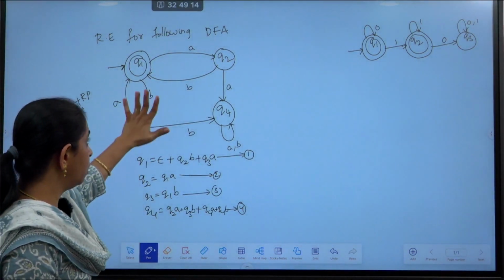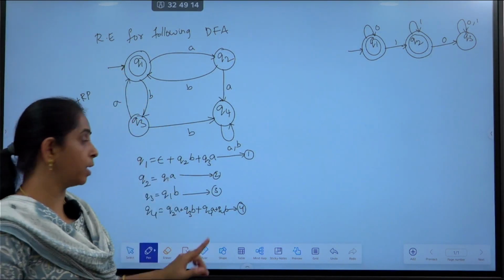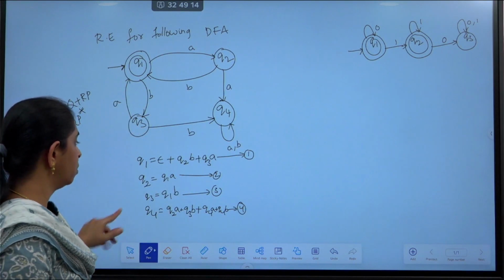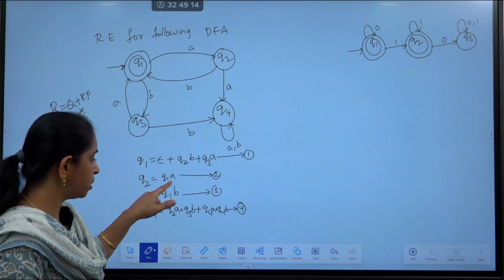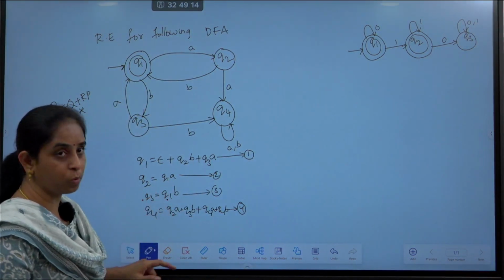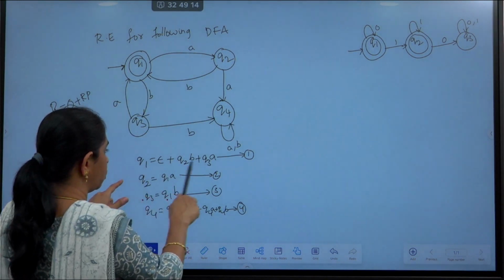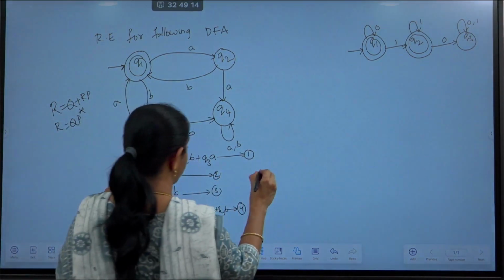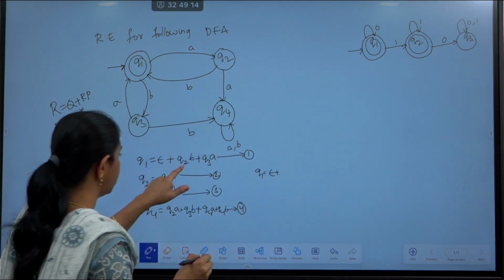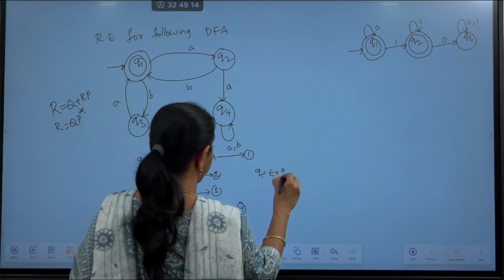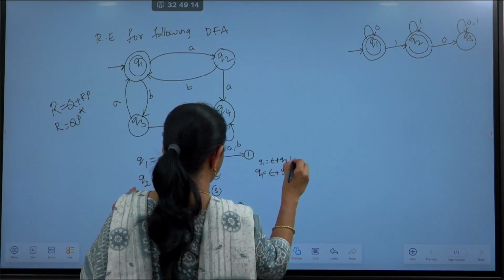Let's observe the DFA. Q1 is the final state, so we have to take the regular expression for Q1 itself. When you observe the equations, Q2 has the common state Q1, and Q3 has again the common state Q1. So here I am writing Q1 equals epsilon plus Q2, which means Q1A, epsilon plus Q2B plus Q3A.